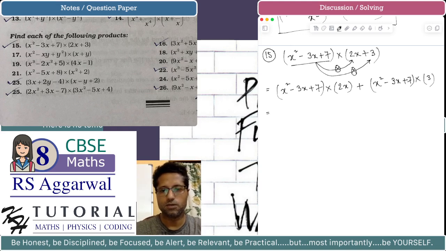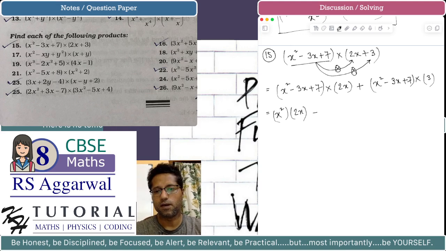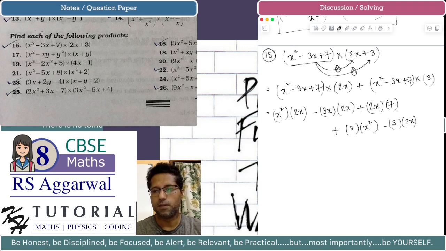So this again is equal to x square multiplied by 2x, and minus 3x multiplied by 2x plus 2x multiplied by 7, and plus 3 multiplied by x square minus 3 into 3x plus 7 into 3.